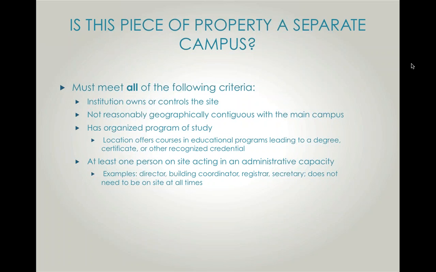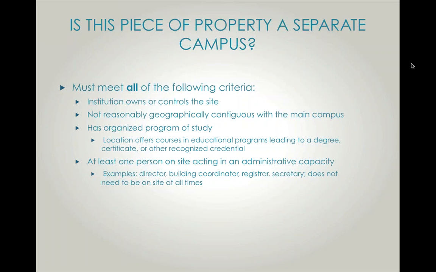Now, in terms of separate campuses, this is where we really need to establish whether there are locations, and typically it might even be a non-campus location or a location that we previously determined to be non-campus, that we have to ask ourselves, does this location actually meet the following criteria? Does our institution own or control the location? Is it not reasonably contiguous with the main campus, so it's a site that is removed from that reasonably contiguous geographic area that we consider to be our on-campus buildings and property?